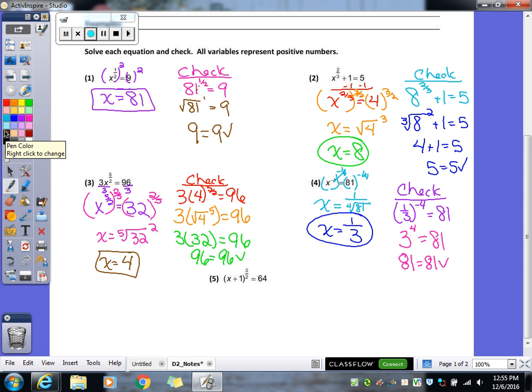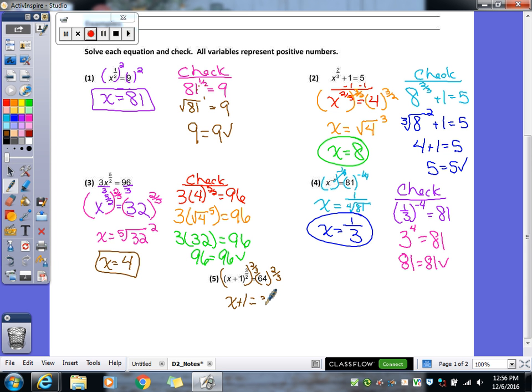So in our last one on here, again, everything's in the parentheses, so it's already isolated. I'm going to raise it to the 2/3 power. So we're left with just the x plus 1 on the left side. Everything that was in the parentheses still there.